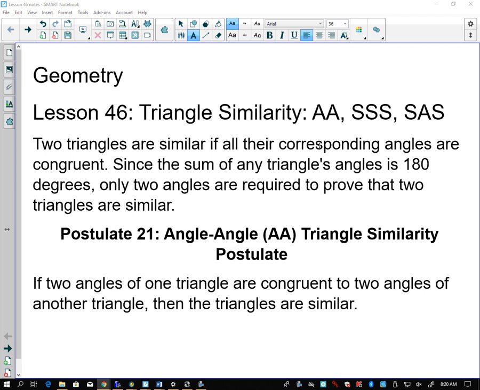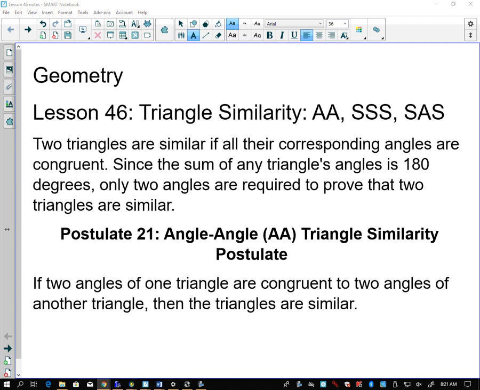If I've got a proof that says prove that these two triangles are similar, the quickest way to get there, with whatever given information I have, is to say these two angles are congruent to these two angles. That's enough. I can stop right there. Doing triangle proofs, to me, is all about the quickest way to get there.